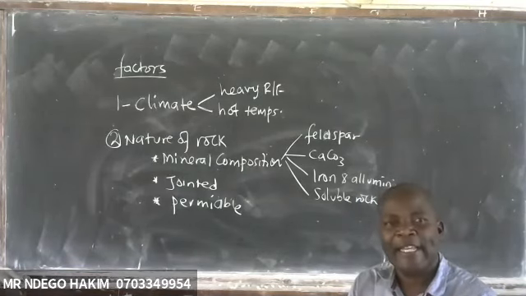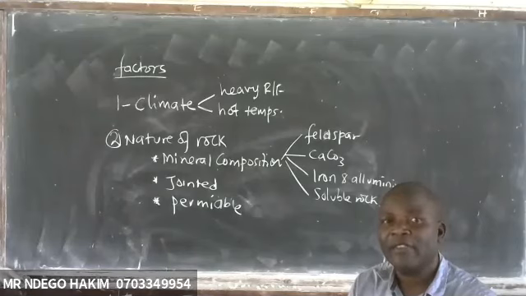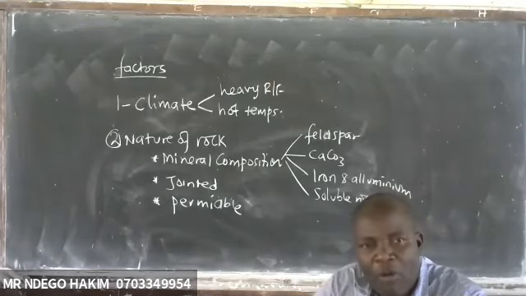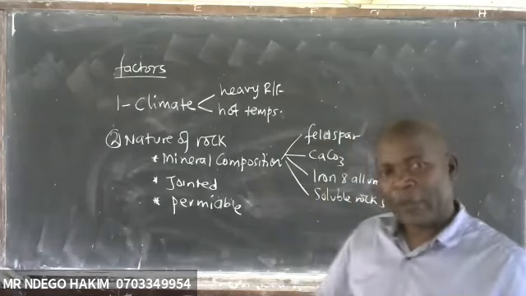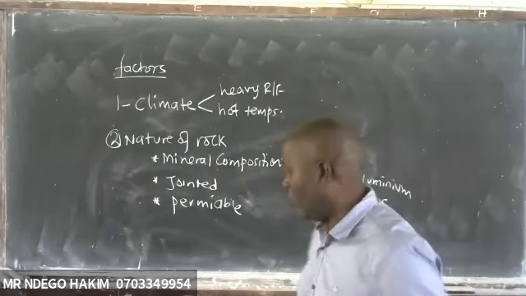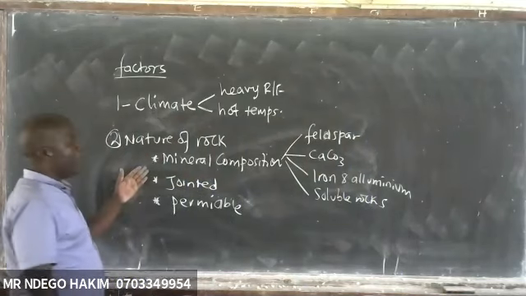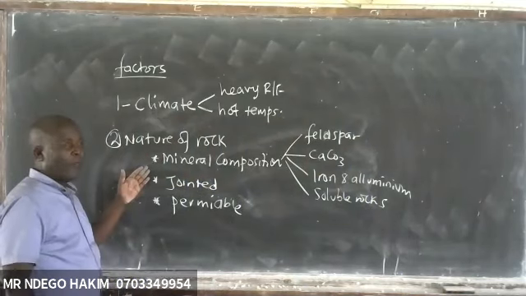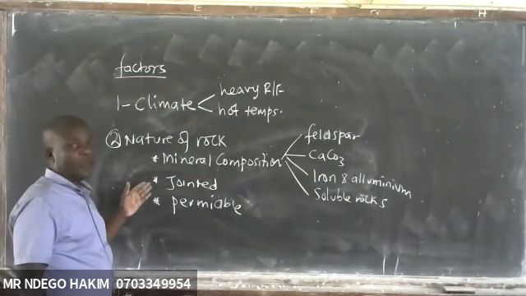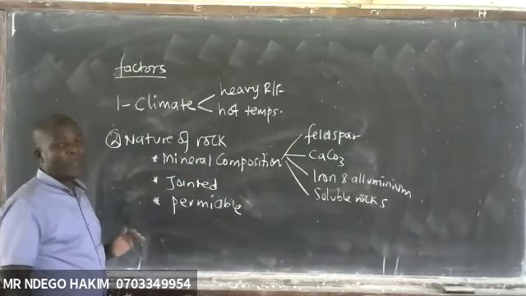Then we may say another factor in tropical humid areas: the nature of the parent rock accounts for the type of chemical weathering. When we say parent rock, we can consider mineral composition, jointed rocks, and permeable rocks.